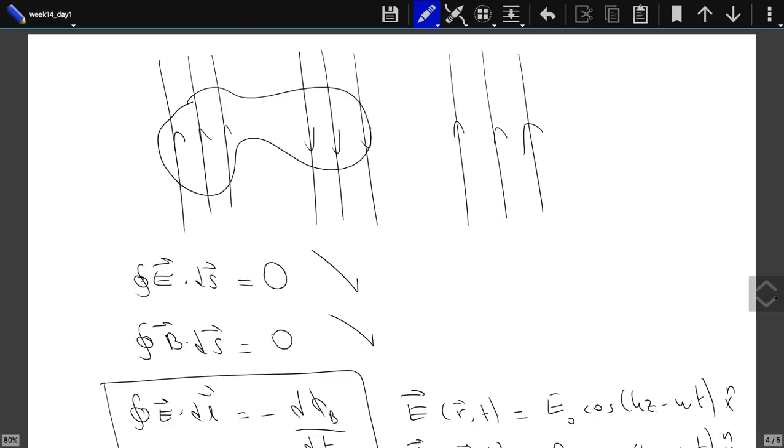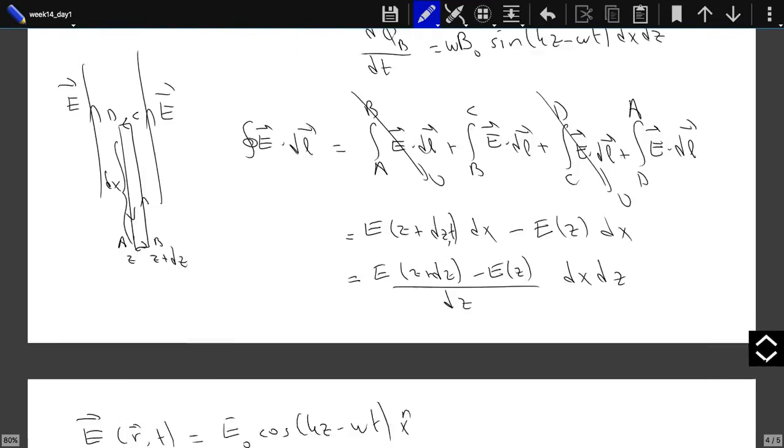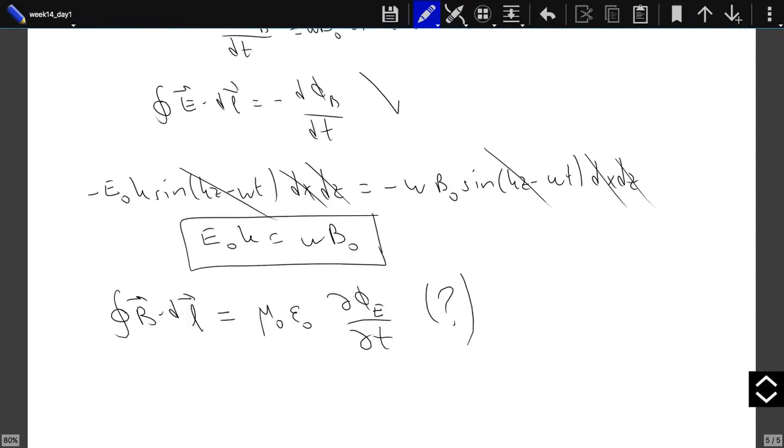This one is non-trivial to satisfy, and we had seen that if this equation is to be satisfied for such a loop, then the parameters in our proposed solution have to satisfy this condition.